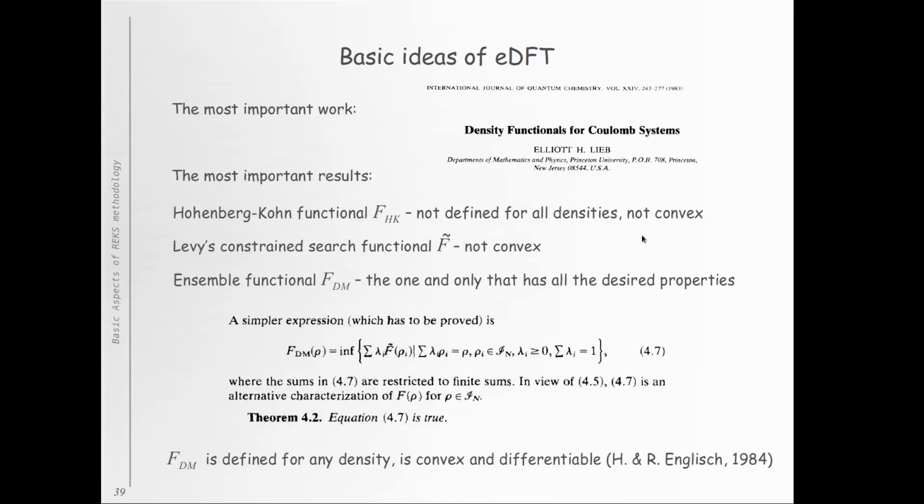Elliott-Lieb proved this equation in his important work, and later the existence of the functional and its differentiability was proved by two German scientists with the name Engel, which doesn't mean English; angel is Engel in German. So they are two angels. And they proved the differentiability of this density functional, of the ensemble density functional.